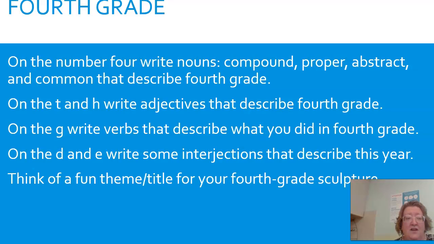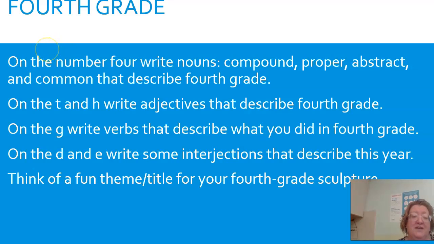So on the number 4, you're going to write nouns that describe fourth grade. They can be compound, proper, abstract, or common.